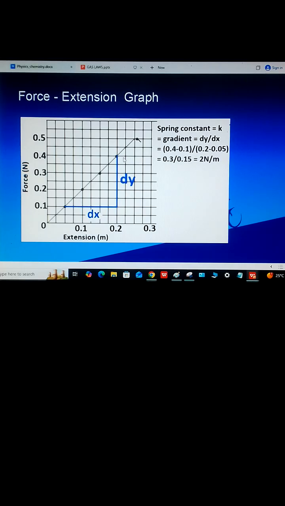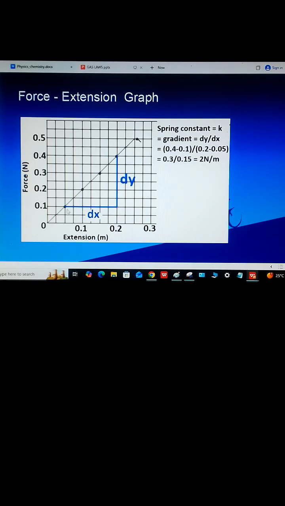Now, from this graph, we can determine the spring constant K. How do we do that? We find the gradient, the slope of this line. That is the change in y over the change in x, dy over dx. All right, in this particular case, change in y is equal to 0.4 newtons minus 0.1 newtons, right?